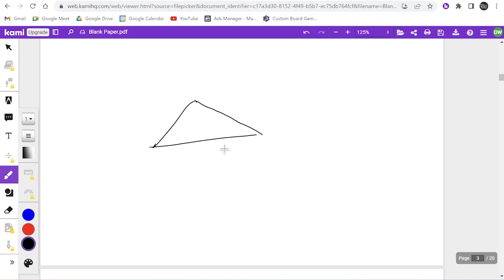If I want to say all the sides are not congruent, I would do one tick mark, two tick marks, and three tick marks, because none of the sides are equal to each other. And then for the angles, I would do one arc, two arcs, and three arcs, because all the angles are different as well. And that's what a scalene triangle looks like, marked up, all nice and pretty. Any questions?